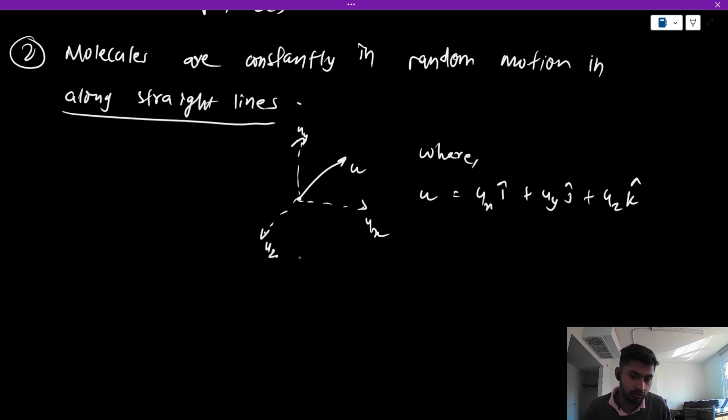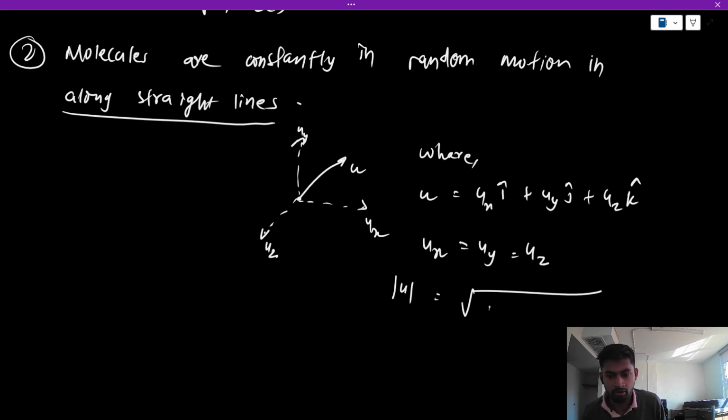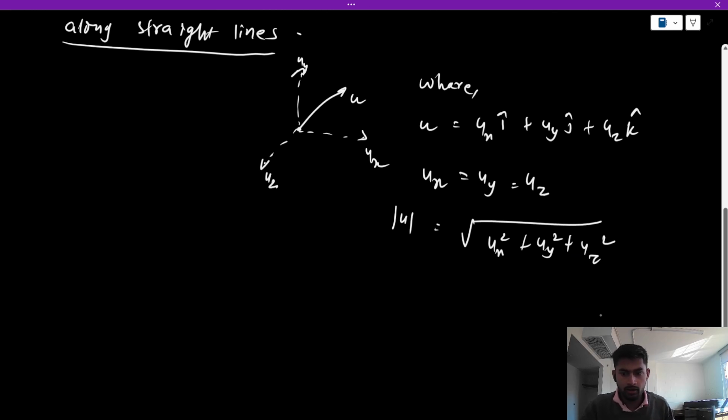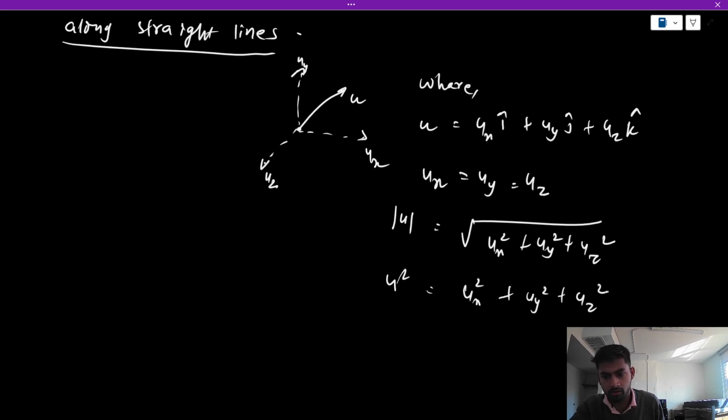It is assumed in this equation that ux equals uy equals uz, which means the magnitude of this molecule moving in a random direction would be u squared equals ux squared plus uy squared plus uz squared.